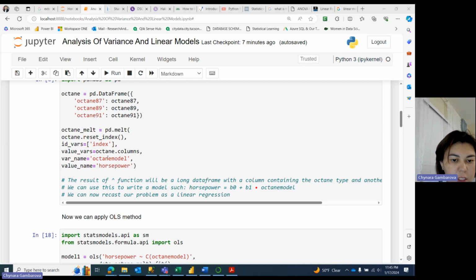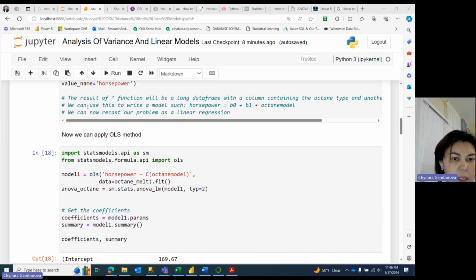So this function will give a long data frame with a column containing the octane type, and another one will be horsepower. It's going to be our dependent variable. So octane model is our independent variable, and horsepower is the dependent variable.